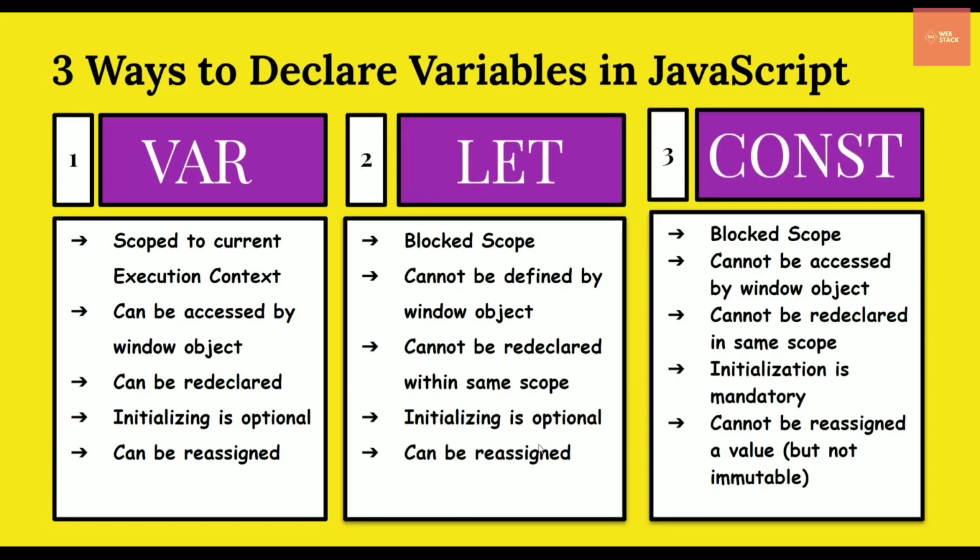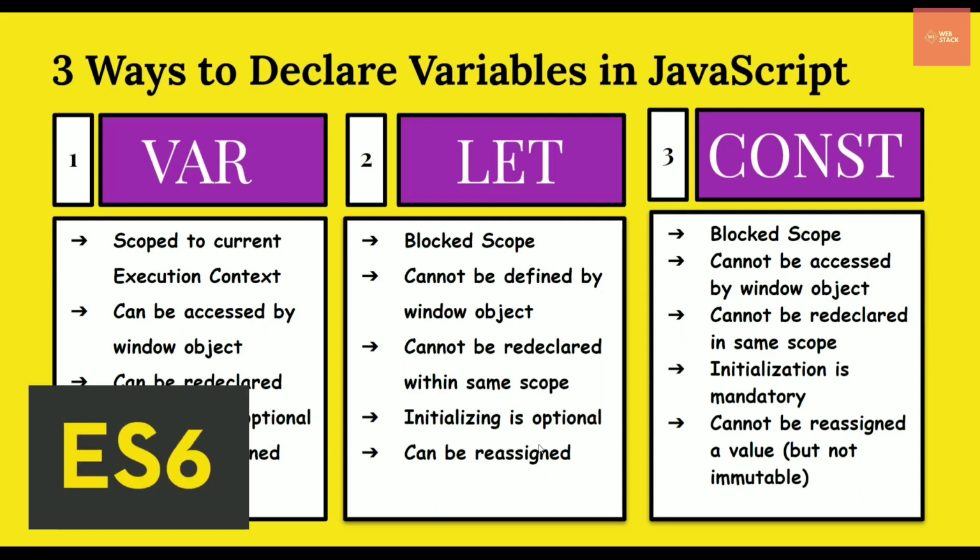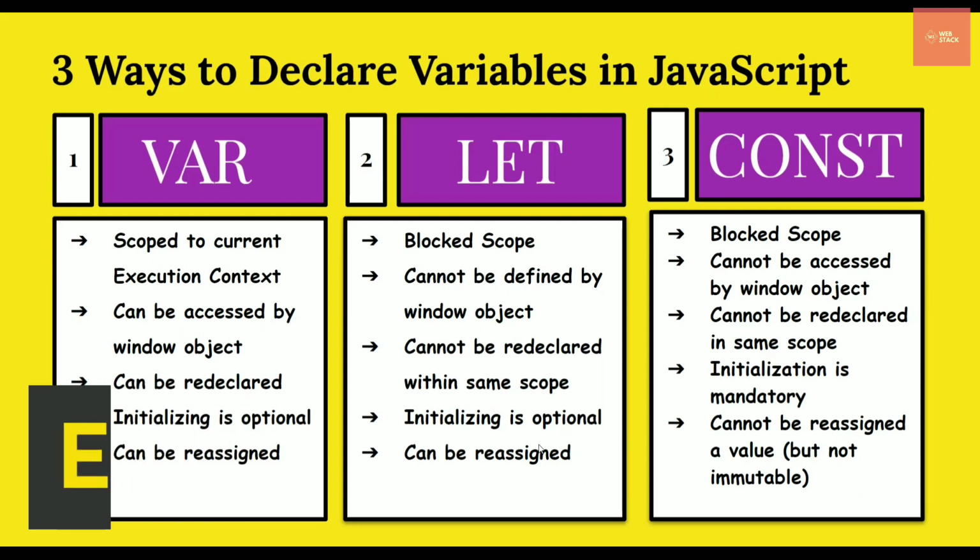These two, let and const, we are using today, and these conform to the standards of ES6, or you can call it ECMAScript 2015. So we got let and const recently, but var has now become obsolete and most programmers don't use it now. So let's check out the differences one by one.